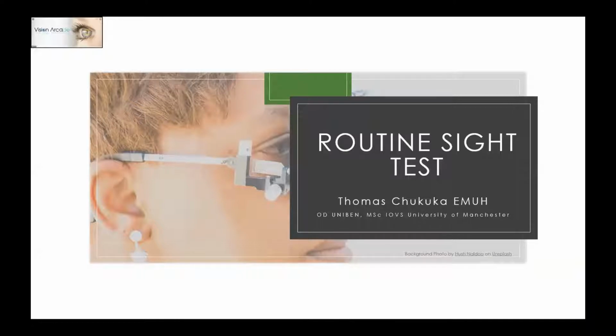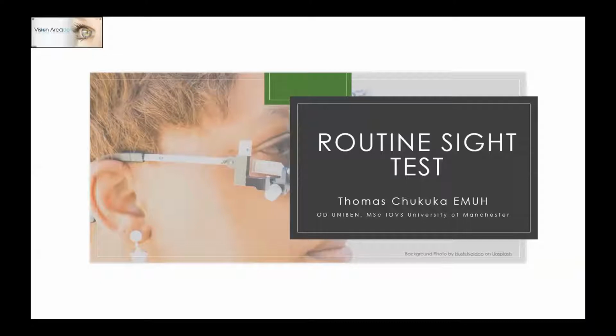A way I do my test to make it easy and fast is that I group them, starting with taking visual acuities. Imagine you've taken distance visual acuity, right eye, left eye. As soon as you've done that, because when you're doing your cover test you want a target one line bigger than the smallest, the worst visual acuity you've got, just do your distance cover test after your distance visual acuity.